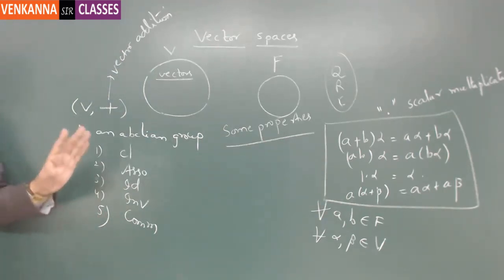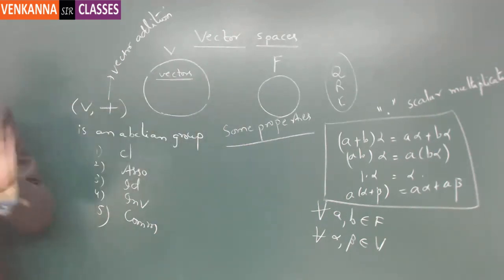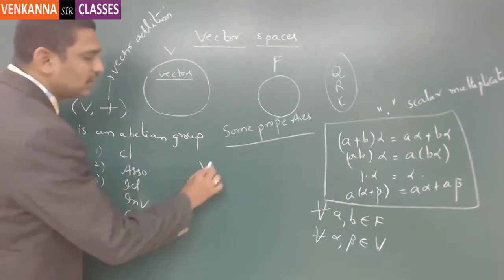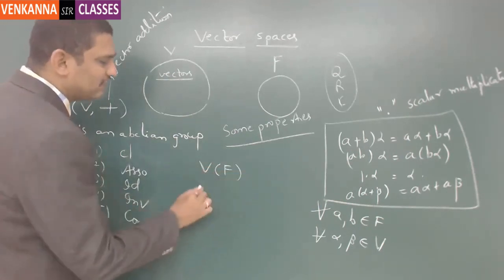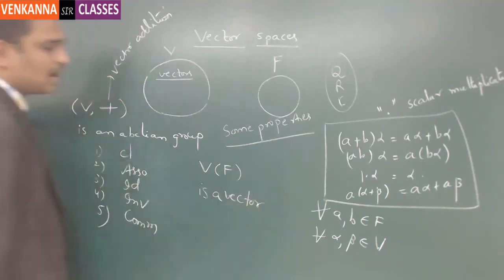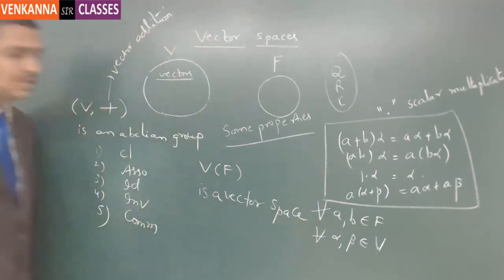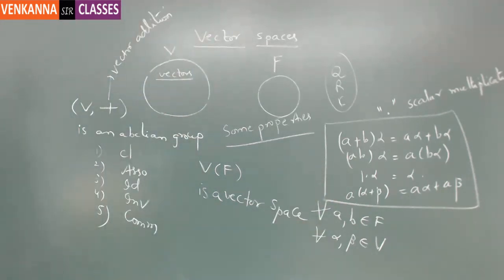If they are satisfied by both of these sets, then I say that V of F is a vector space, or V is a vector space over F. Symbolically, I say that V of F is a vector space.